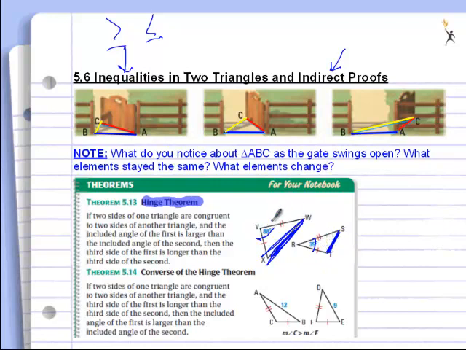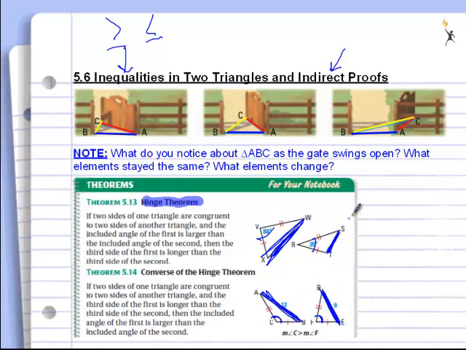They're just bringing you into the idea of congruent triangles, which is something that we're going to deal with moving forward in geometry. Conversely, if you have two triangles, or two sides of one are congruent to two sides of the other, and the third side of one triangle is greater than the third side of the other, then the angle opposite is going to be greater than the other angle.